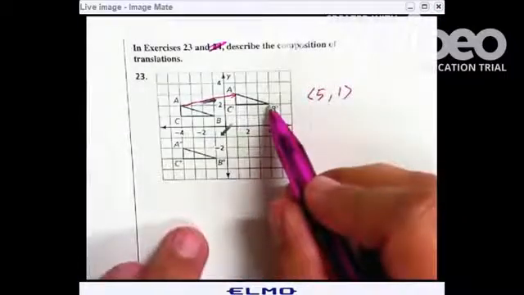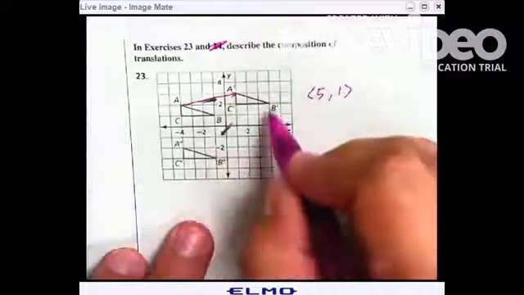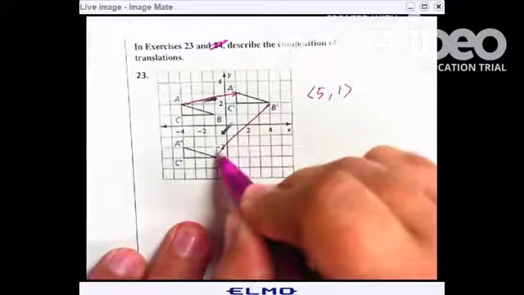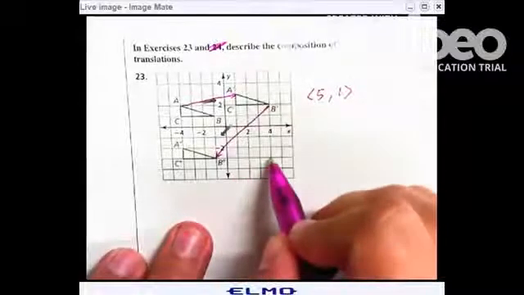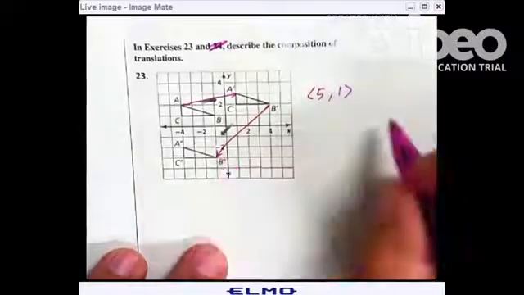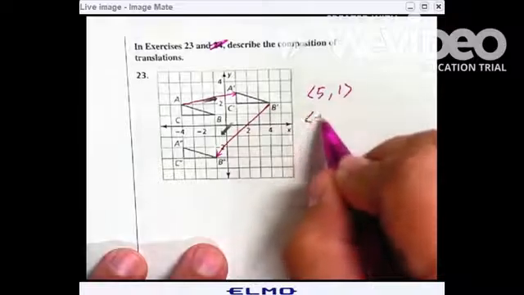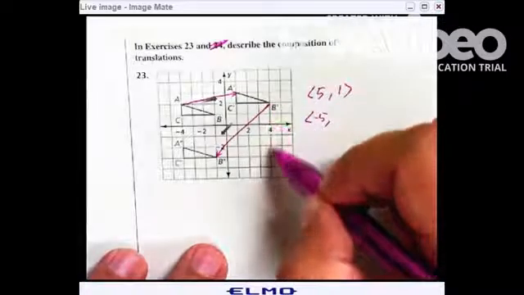Now to get from the image to the image of the image, I'm going to draw another vector going all the way down here. And so let's see, what did we do? A horizontal component, we're going backwards. So we're going negative 1, 2, 3, 4, 5. Negative 5. And we're going down 1, 2, 3, 4, 5.